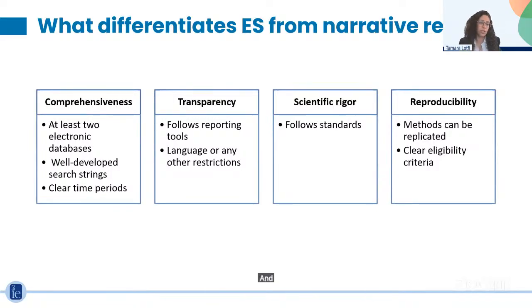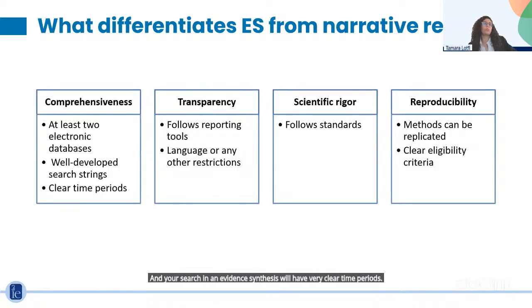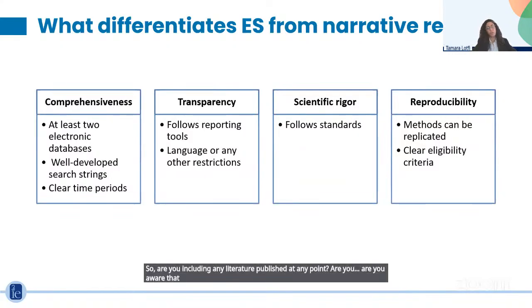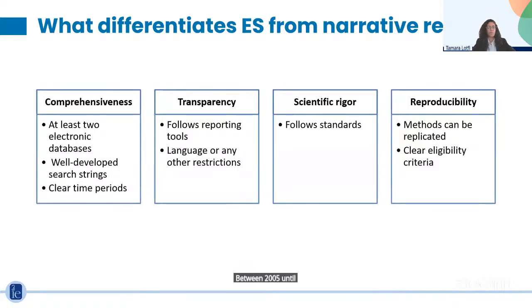And your search will have very clear time periods. Are you including any literature published at any point? Are you aware that the particular intervention of interest only started being researched after 2005, and so you want to restrict your search from 2005 until today?